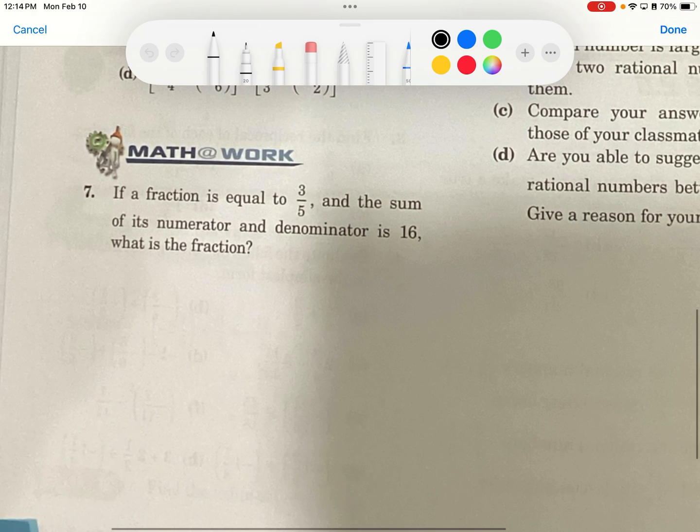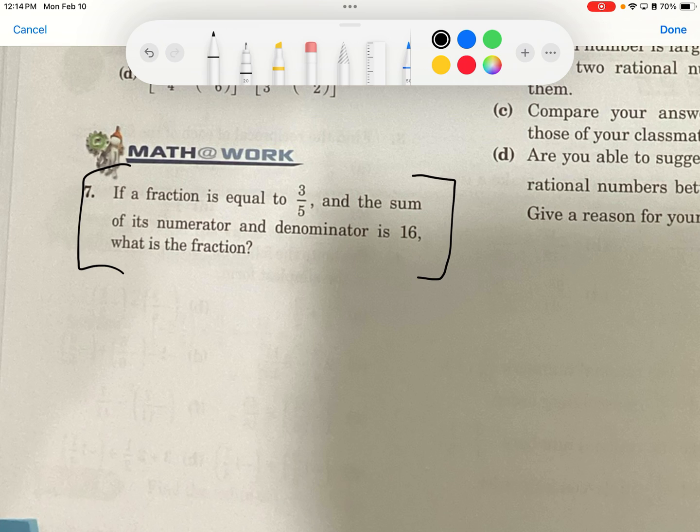All right, if a fraction is equal to 3/5 and the sum of its numerator and denominator is 16, what is the fraction? Shut your door, Clinton. So let's see if we can figure this out.